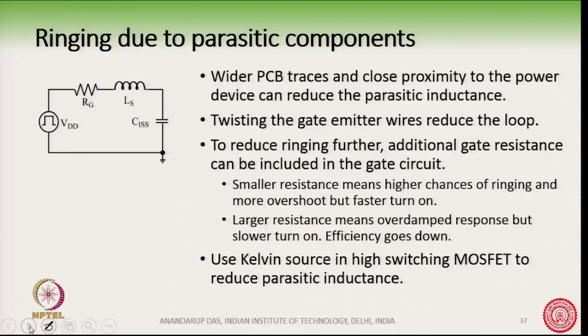So, how can you mitigate it? Of course, if you use a wider PCB trace and close proximity to the power device, you can reduce the parasitic inductance. People sometimes use twisted gate emitter wires to reduce the loop. Now, since this is an underdamped system, another way to mitigate this effect is to put additional gate resistance.